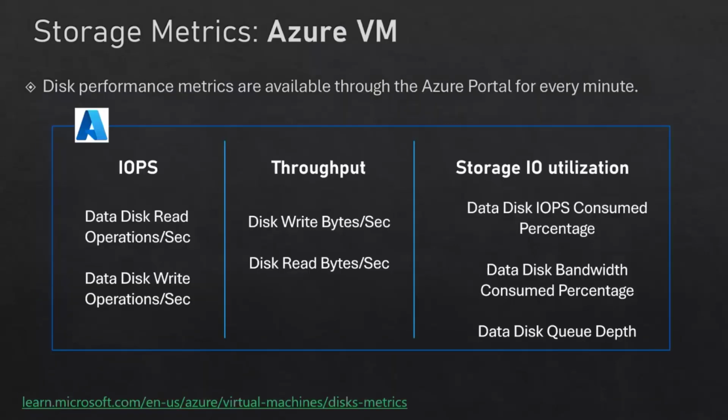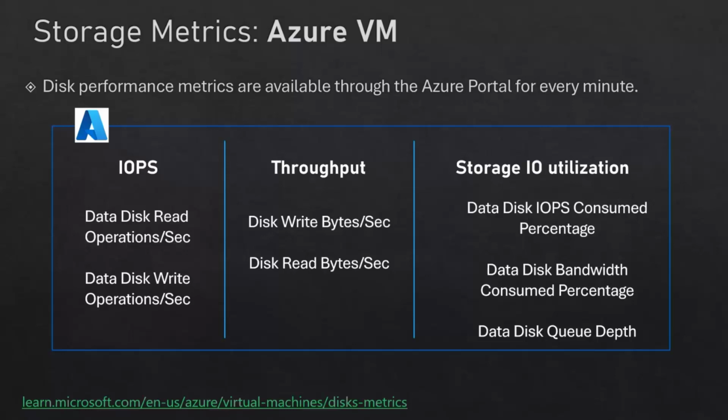Similarly, on Azure VM, right? If you're using Azure VM, these metrics are also available through the Azure portal, and these are updated every minute. Basically, there are again IOPS related data disk operations and throughput. There are a few additional counters available with VM, like storage IO utilization.